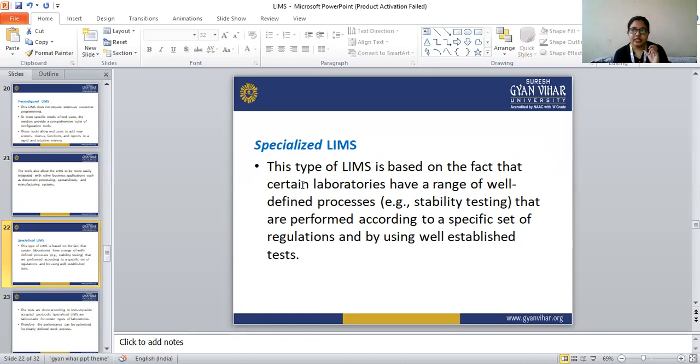Stability testing is performed according to a specific set of regulations and by using well established tests.